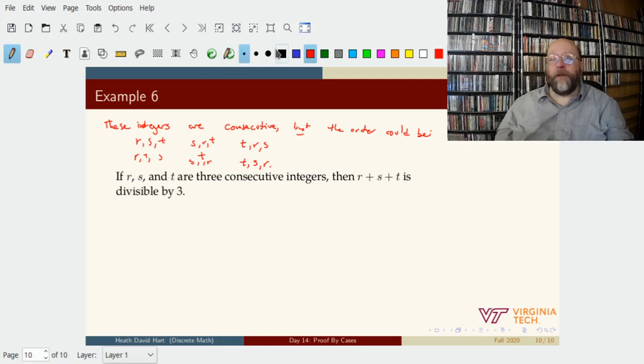But the proof for each of these 6 different cases is going to be the same proof with just changing the letters around. So let's look at a proof for one of the cases. So we're going to start out by saying let R, S, and T be consecutive integers.